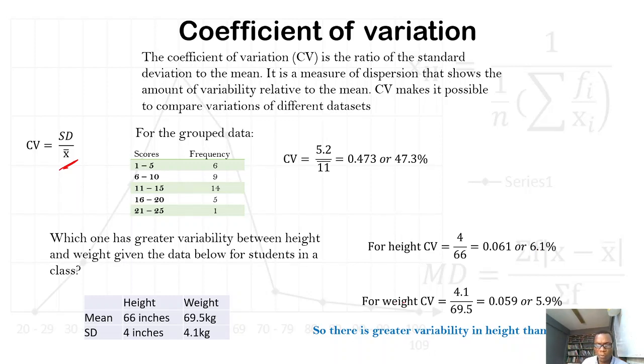And then for weights, we have a coefficient of variation which is 5.9. So by implication, there is greater variability in height than weight. So that negates that initial thought that we have greater variability in weight.